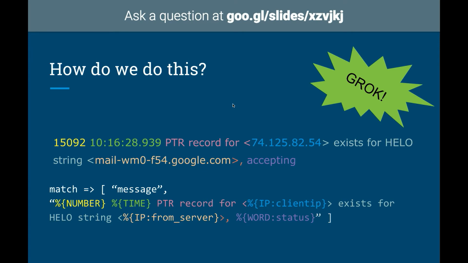We work through some more lines of text, and we use, again, the IP match to find the from server. And then at the end, we say status. So this has taken this entire line of text, and now it has given us a client IP of where that message came from, the server that it says to be, and then what we did with it. This is useful because now that we have this information, we can work with it.